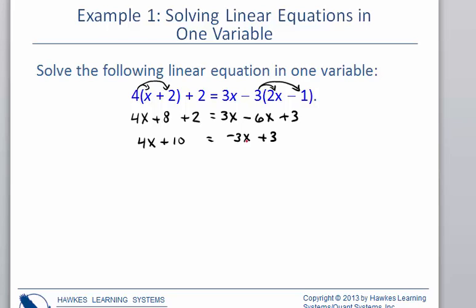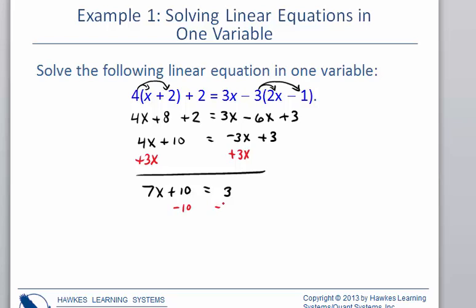We'll then make as our goal that we want the x's on one side of the equation and the things that do not have x's on the other. So I can begin moving my terms around by adding a 3x to both sides. So I now have 7x plus 10 on the left is equal to 3 on the right.